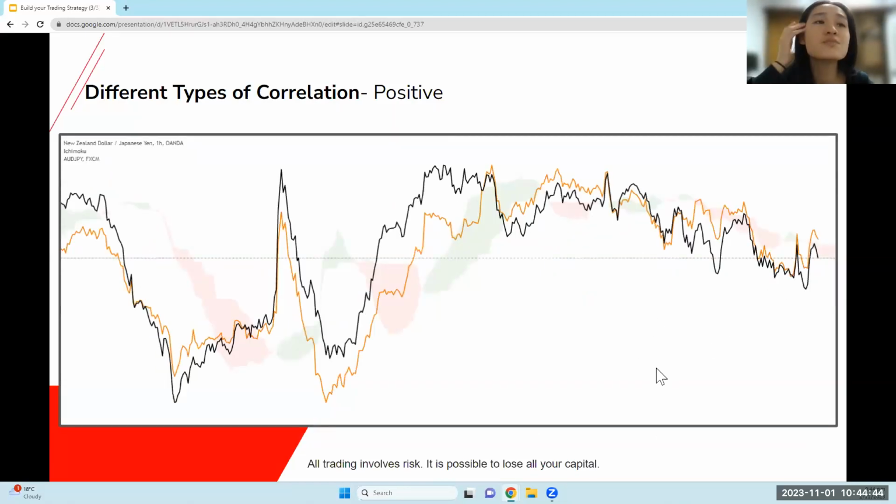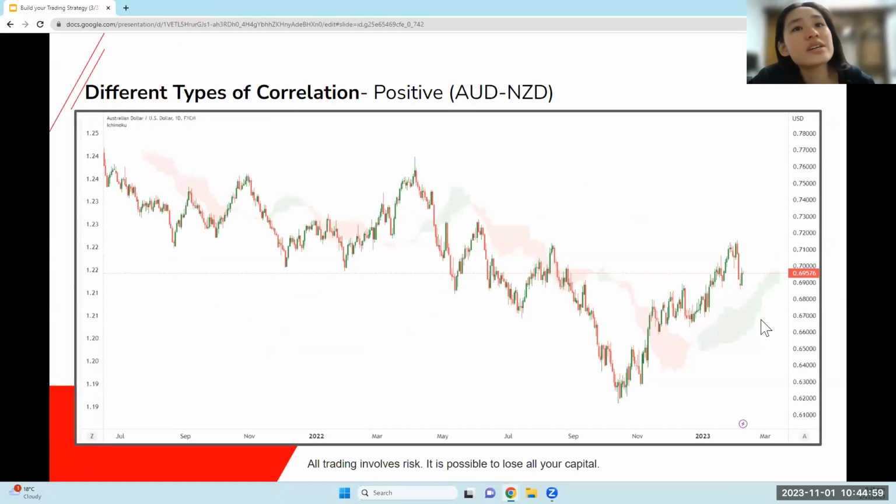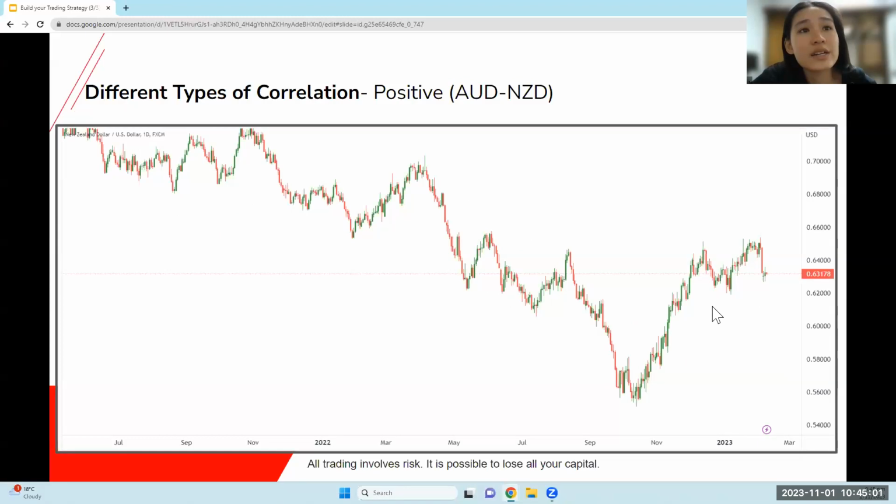Okay, another example, Kiwi dollar and Japanese yen, as well as the Aussie dollar and Japanese yen. So you can see once again that it's very positively correlated. Okay, another example, Kiwi dollar and Aussie dollar. You can see it's pretty much the same.